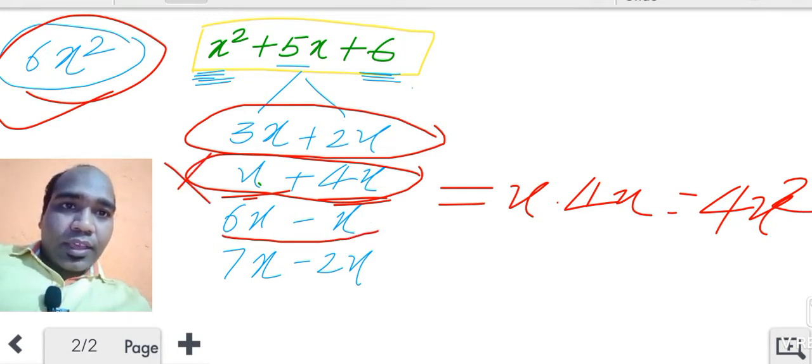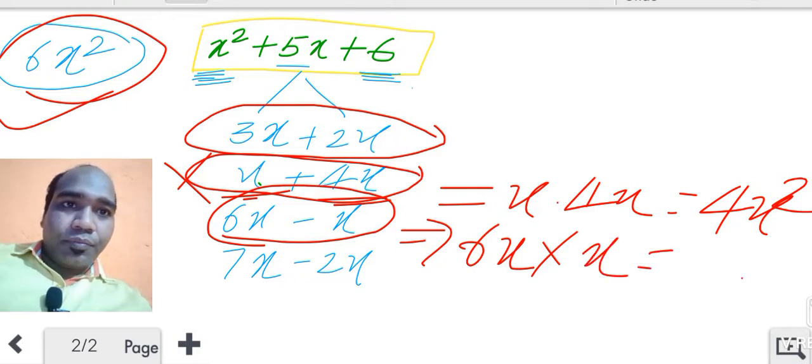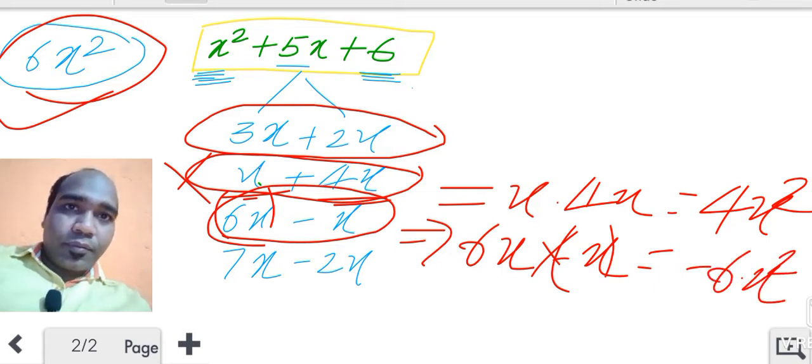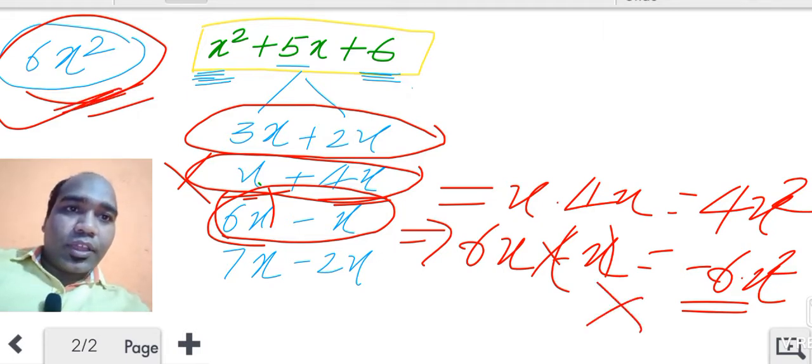Now 6x into minus x, if we multiply, we'll get minus 6x square. Is it equal to 6x square? Here minus 6x square is there and here plus 6x square is there, so this one also we cannot use.